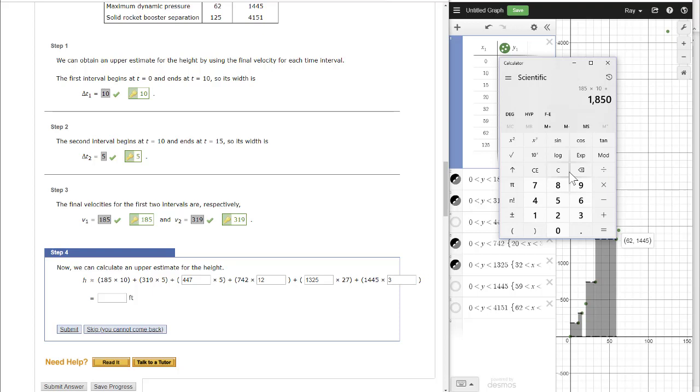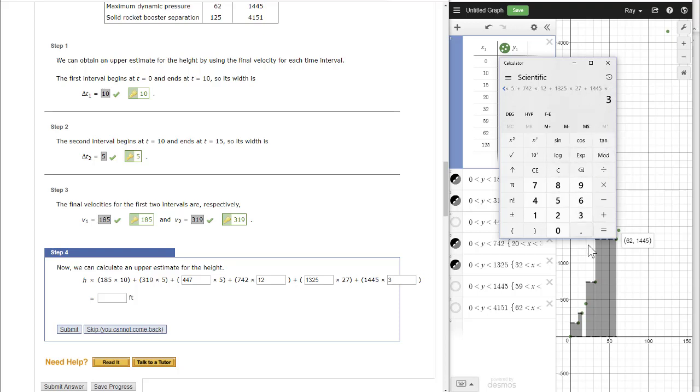So I'm confident that I don't need parentheses. That's 319 times 5, and then 447 times 5, and then 742 times 12, and 1325 times 27, and then add the last one, 1445 times 3.